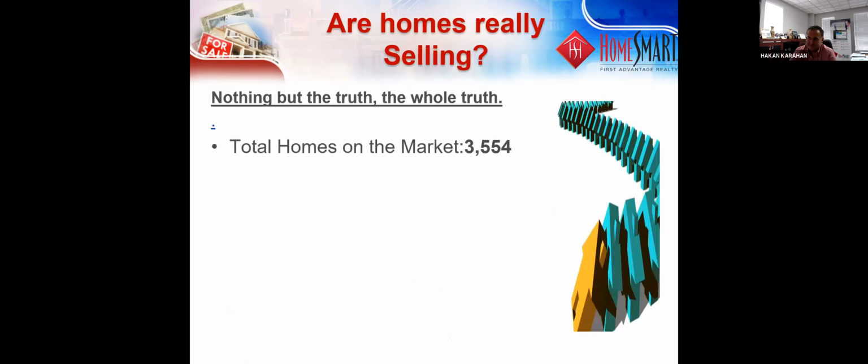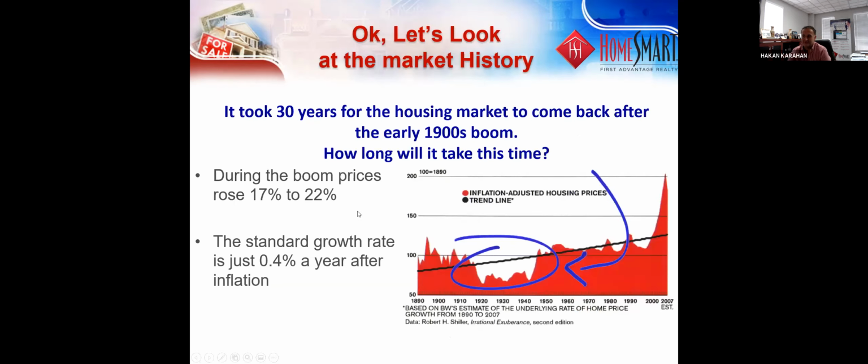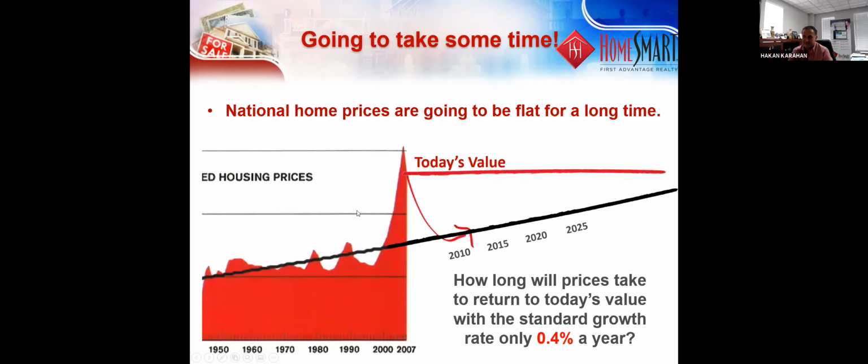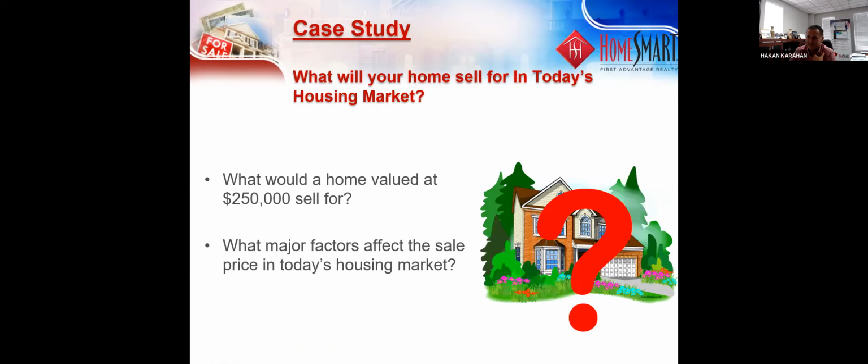The more information that you give the sellers, so let's just go there again, total homes on the market, total sales, etc. The more information that you give to your sellers, the more they will understand how prepared you are to sell their home or how much knowledge you have for the particular property.